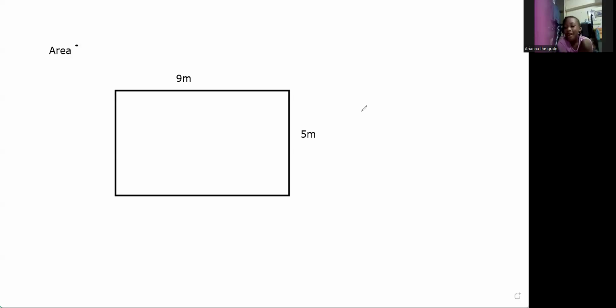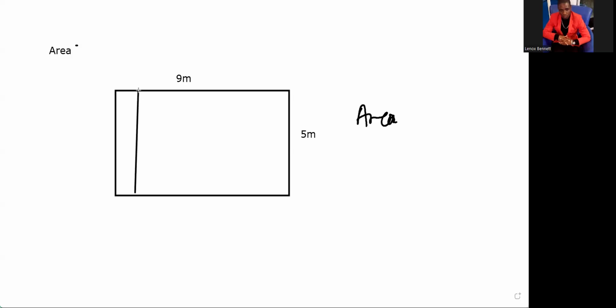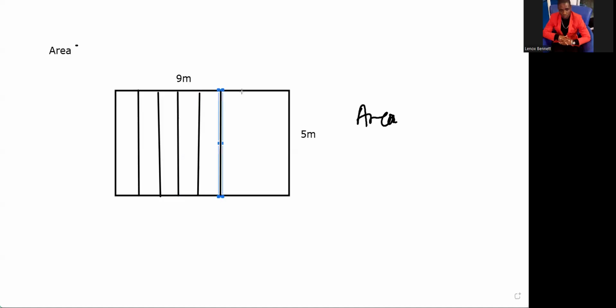I drew all the lines and I counted them and I got 45. Okay, so I should draw the lines then. So this should be 9 across, 9 going down. Probably I forgot to extend it. 1, 2, 3, 4, 5, 6.